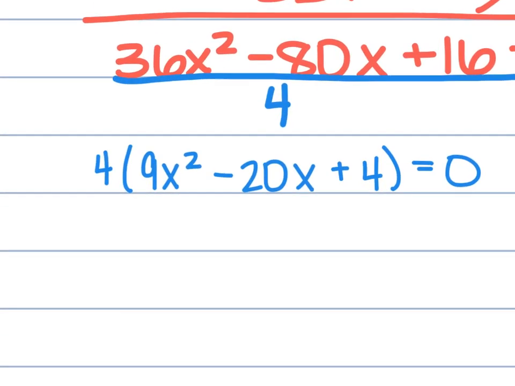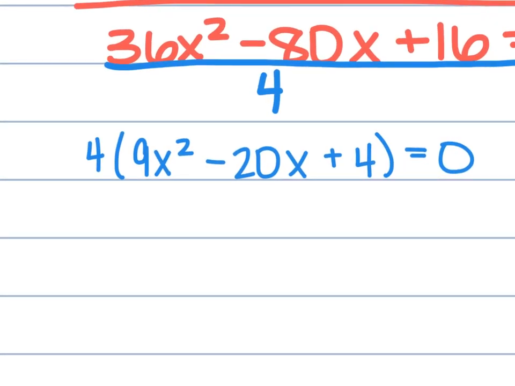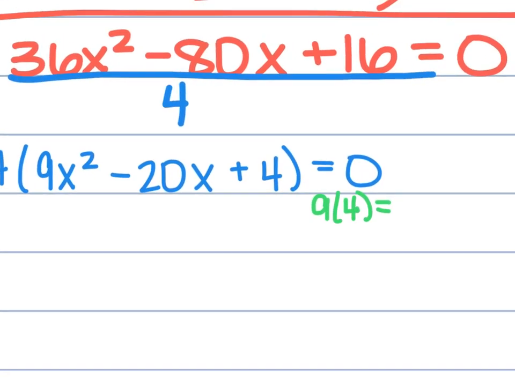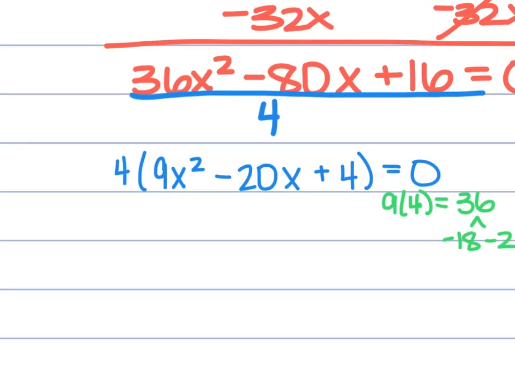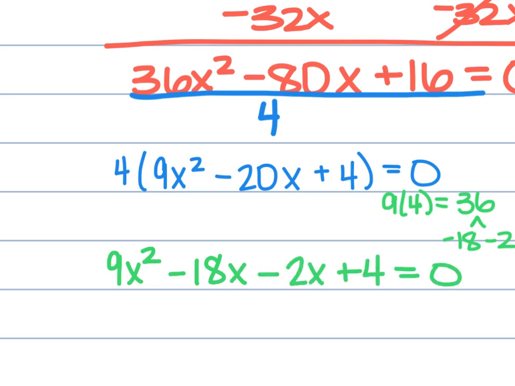So that way we can do 9 times 4, which is 36. The factors of 36 that add up to negative 20 are going to be negative 18 and negative 2. So this is going to be 9x squared minus 18x minus 2x plus 4 is equal to 0.